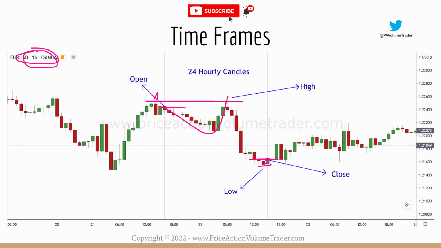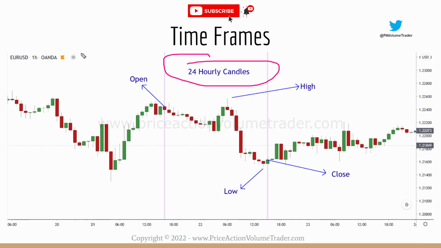Okay, so you can see how by just changing the time frame and going from a daily to the 1-hour, now we broke that daily candlestick into 24 hourly candlesticks, because the Forex market runs 24 hours a day, 5 days a week, and this gives you a lot more information.